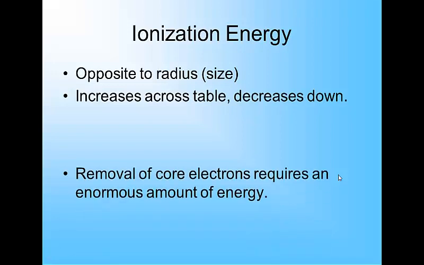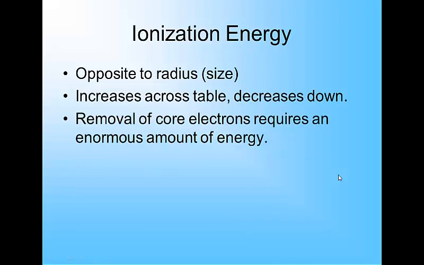And once you start digging into those core electrons, the ionization energy jumps substantially. I mean, it's already increasing. Each valence electron that gets removed, the successive ionization energies get larger. But the minute you start going into those core, it's a huge jump.